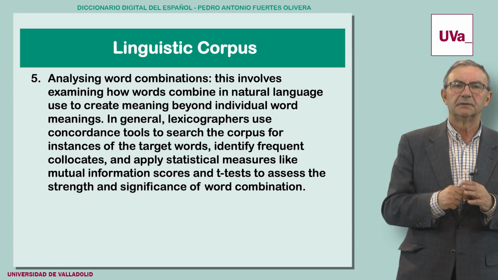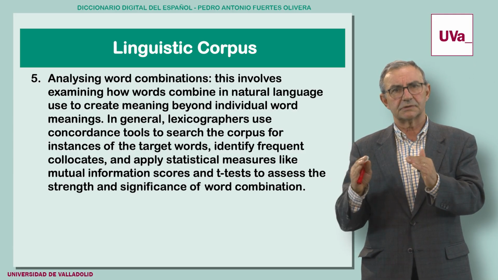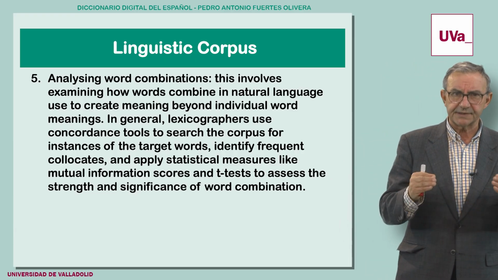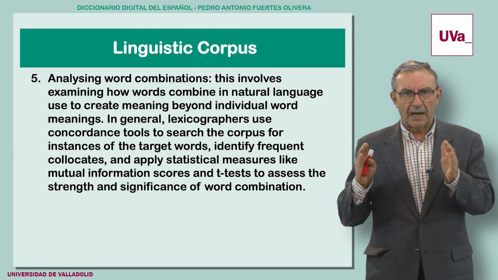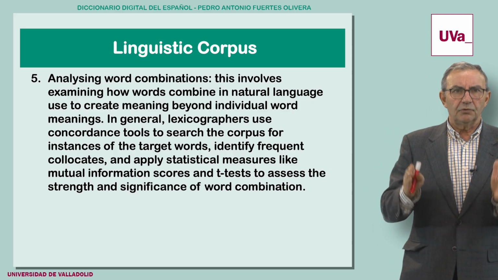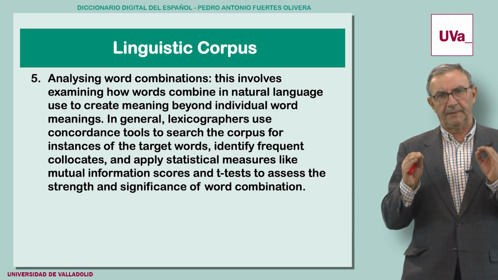In general, lexicographers use concordance tools to search the corpus for instances of the target words, identify frequent collocates, and apply statistical measures to assess the strength and significance of word combinations.